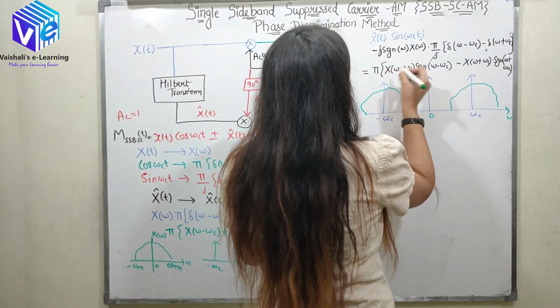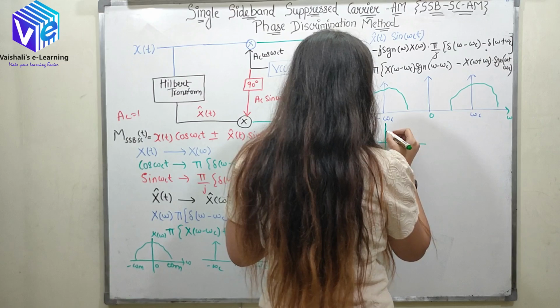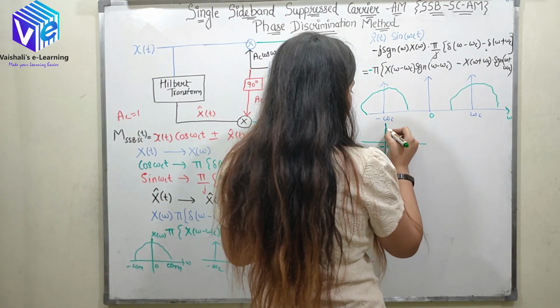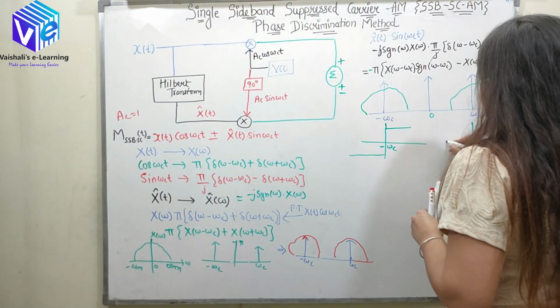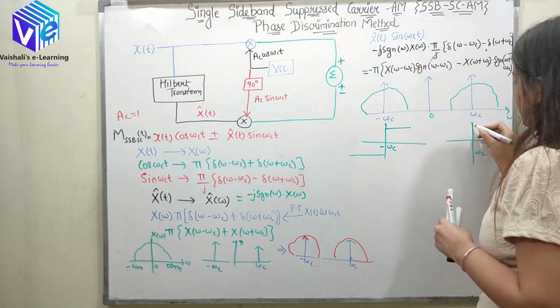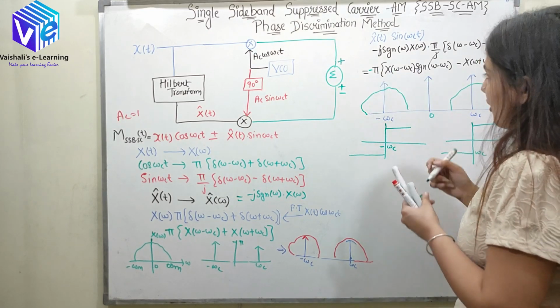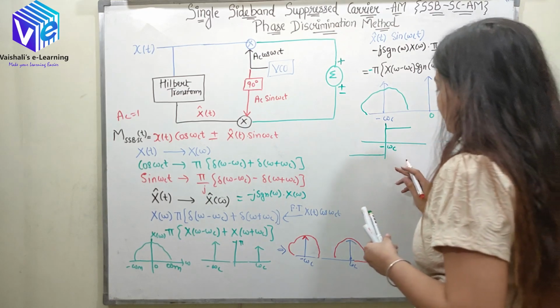So the signum at minus omega c would be a function like this and the signum at plus omega c would be a function like this. But here I need minus of signum of omega minus omega c and minus of signum of omega plus omega c.